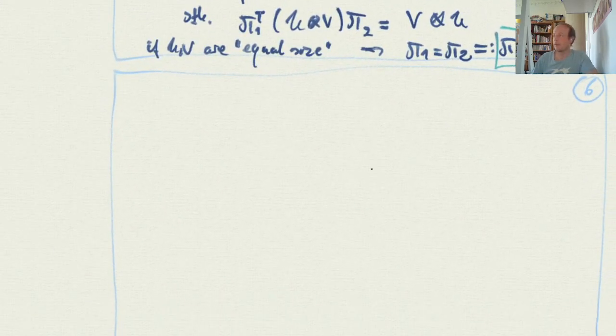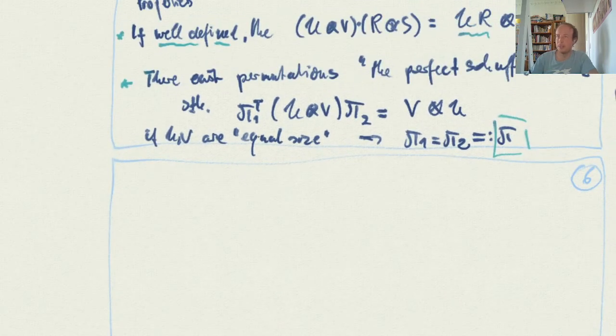Okay, so far so good. It's not what we need, and it's also wrong in the script. If U and V are square matrices, then this works.